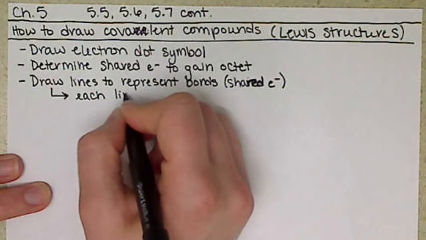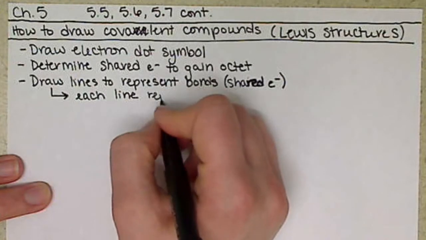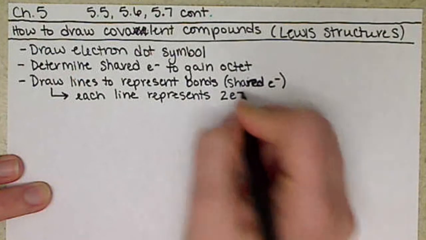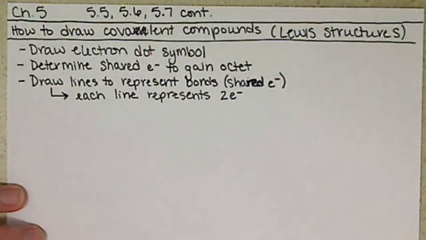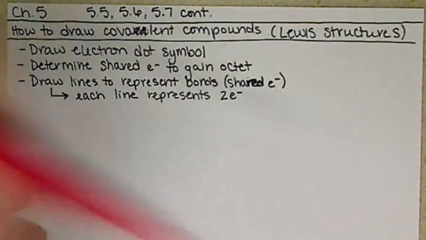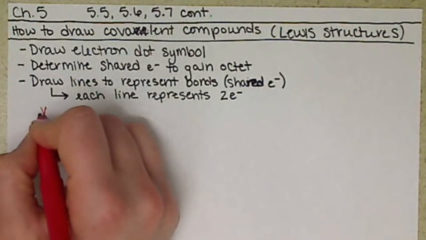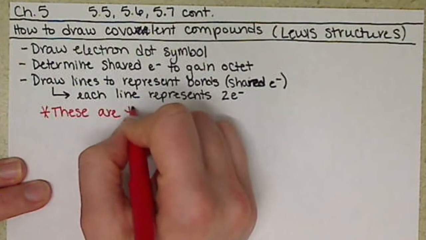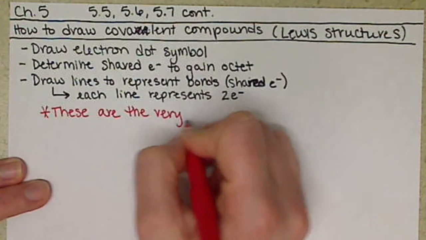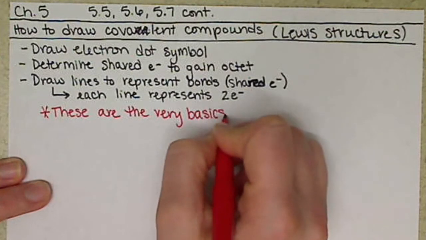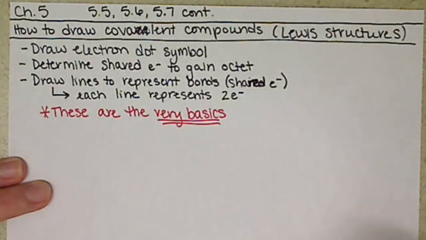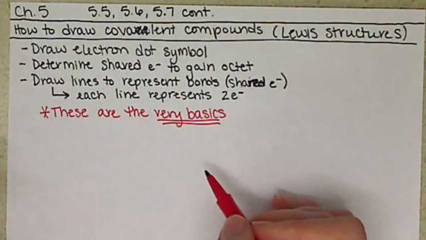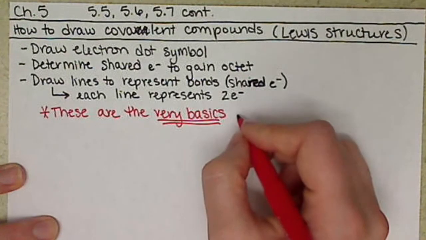Each line that we draw is going to represent 2 electrons. And again, just like I said at the beginning of the video, these are the very, very basics of drawing structures.